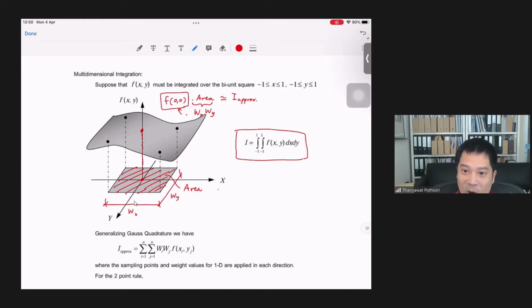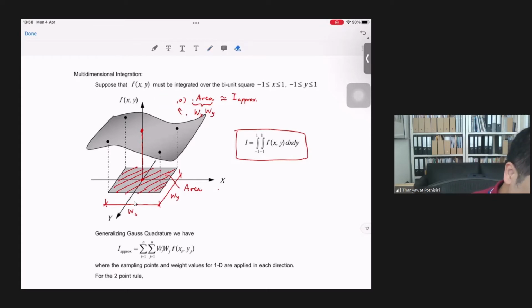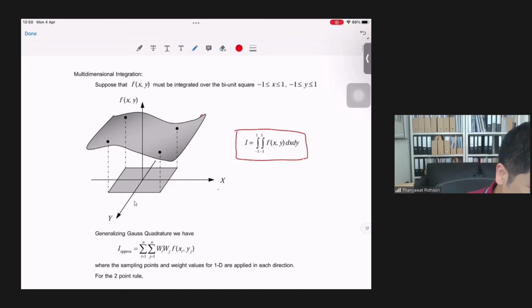Now, if you have more than 1 sampling point, for example, if you have 2 sampling points in each direction, what does it mean then? It means that suppose my sampling point is right here.